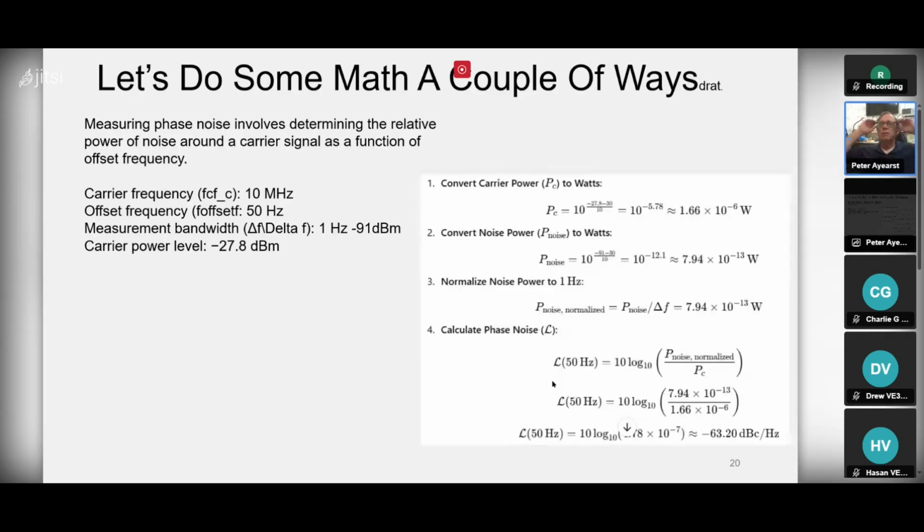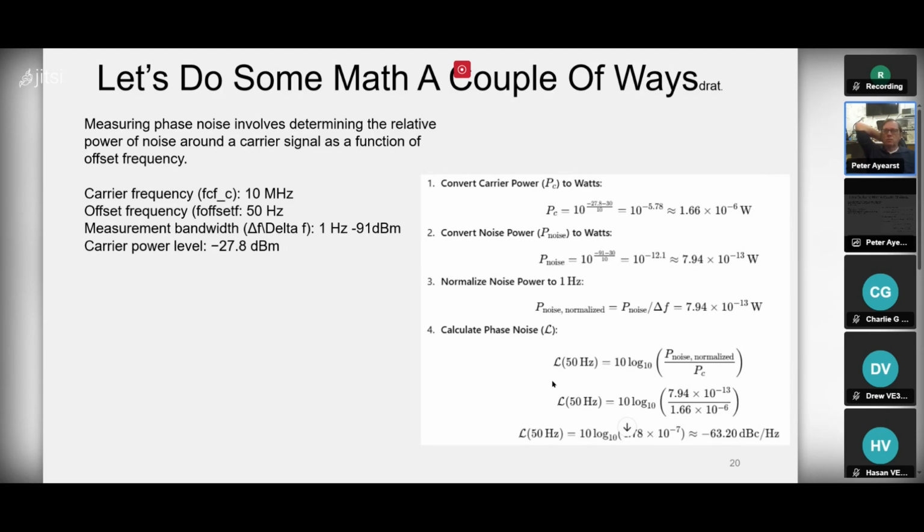I thought, well, let's see how else they do it. So I started to look into other ways of how industry calculates phase noise. And this was what I came up with. The first thing you do is convert the carrier power to watts, convert noise power to watts, normalize noise to 1 hertz, and then calculate the phase noise, and you can see all the math that's behind that.